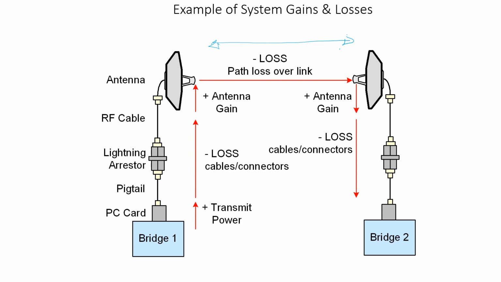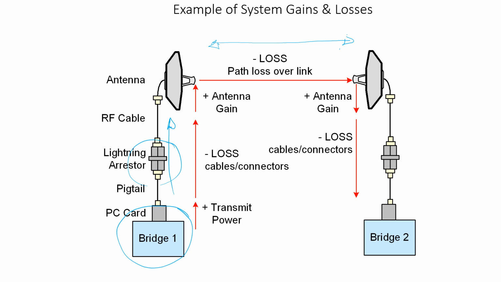But there are other losses in the process, and if we have RF cables going from a bridge at one end all the way up to the antenna, they will lose power. If we have a lightning arrestor, we'll lose power in there. So all of these things, their losses may be small, but nonetheless they're significant, and we have to take them into account.